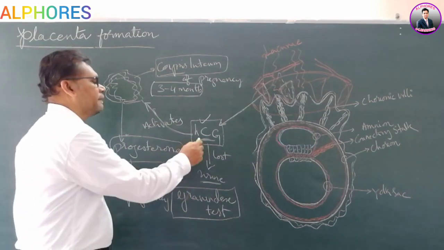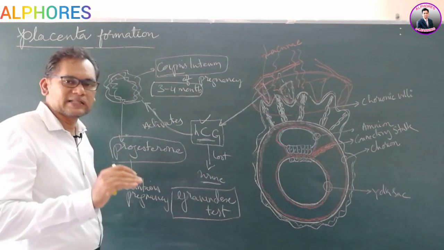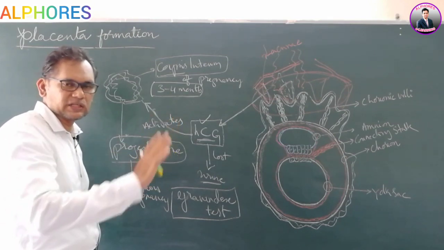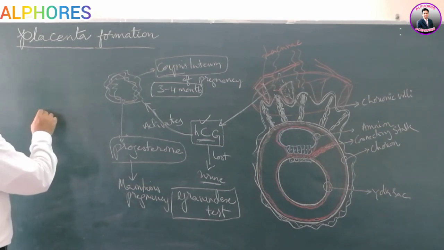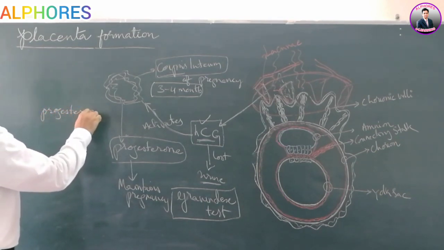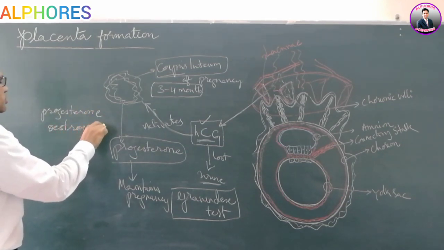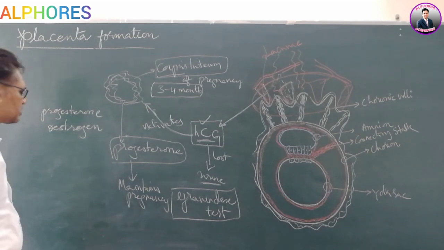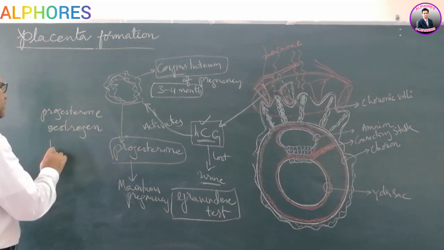Okay. Now, apart from HCG, human chorionic gonadotrophin, what are the other hormones which are released by the placenta? The placenta also releases progesterone, estrogen, as well as, apart from progesterone and estrogen, HPL.